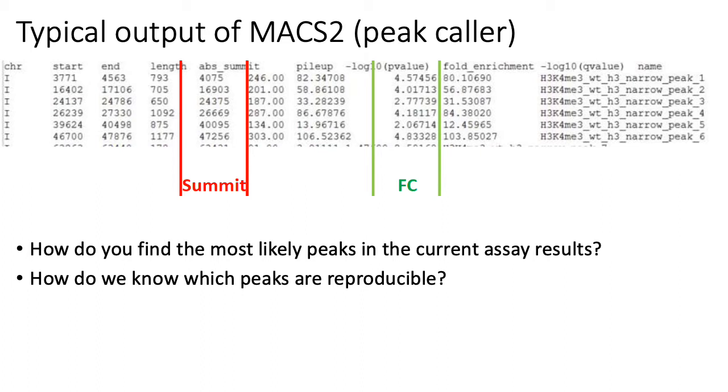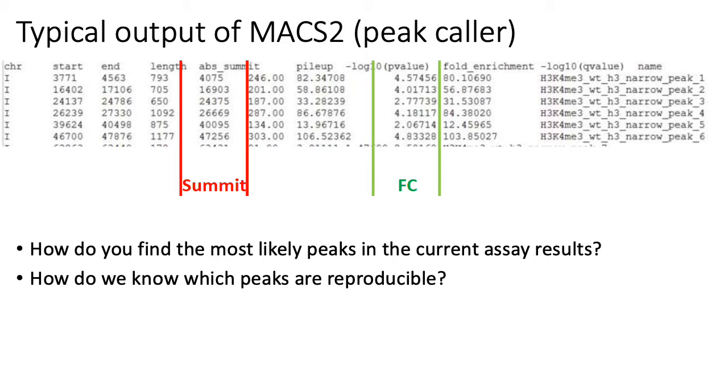The column on the left is related to, in some sense, the signal that we see at a given peak, where the signal is basically proportional to the number of reads that map to that particular peak. And in green, I'm showing you the fold change or fold enrichment.